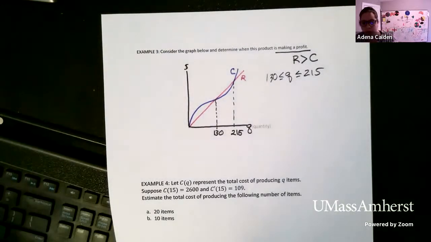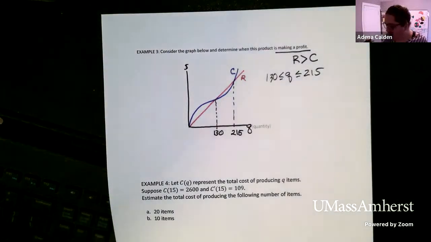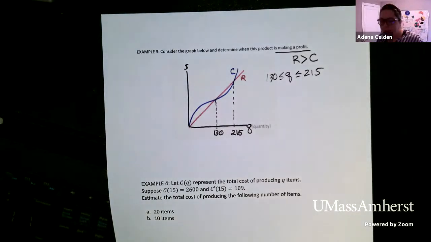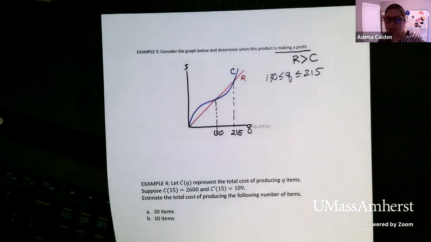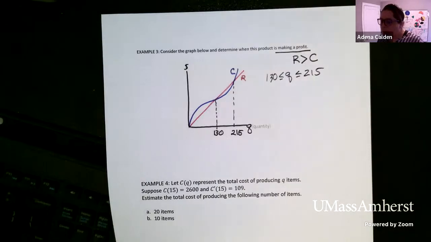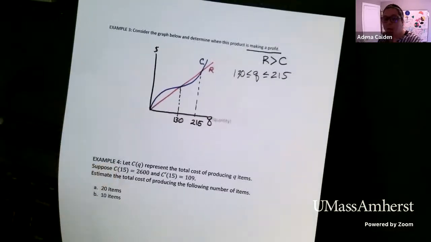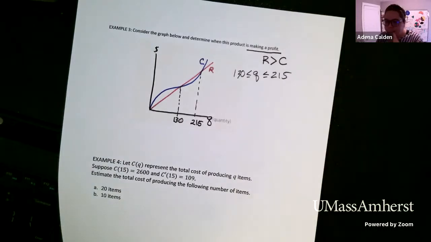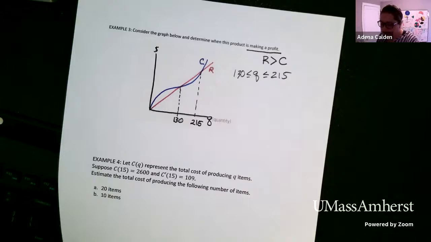So one question that we talk a lot about in economics and business is, should we make more, right? Does it make sense for our business to make more? And you may think that as long as you're making a profit, you should make more. And that's a completely normal thing to think. However, I want you to think about this idea of profit as revenue minus cost, okay?